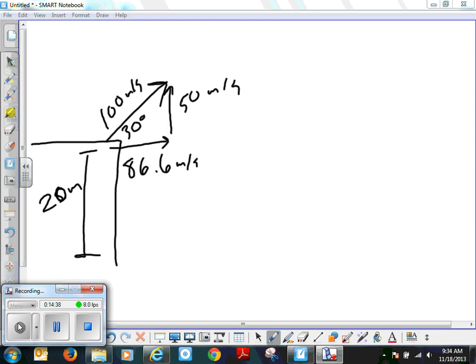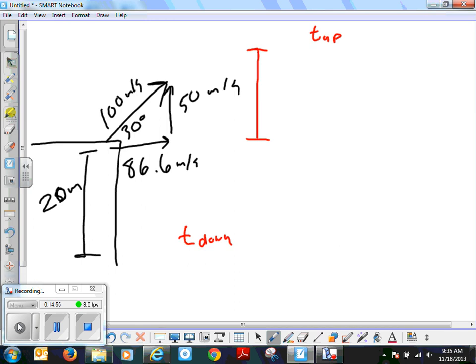But the question is not that, but the questions are the time up. The next question is going to be the time down. The height up, which would be this piece right here. And then last but not least, how far it goes horizontally with all that time.